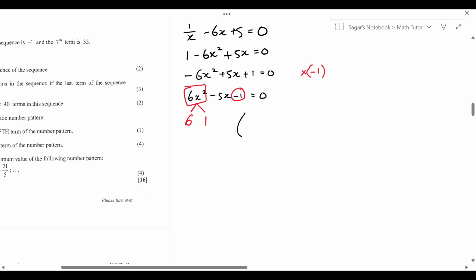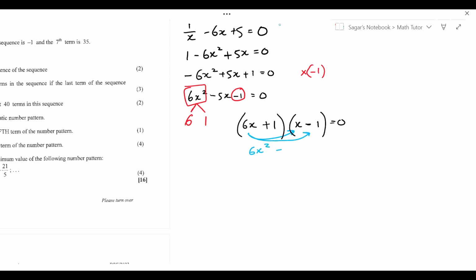So we have (6x plus or minus 1), and we have (x plus or minus 1). Now we need to determine which one is it. I think it's going to be minus 1 there and positive 1 there, because when we check our solution, we notice that 6x squared minus 6x plus x minus 1, right?